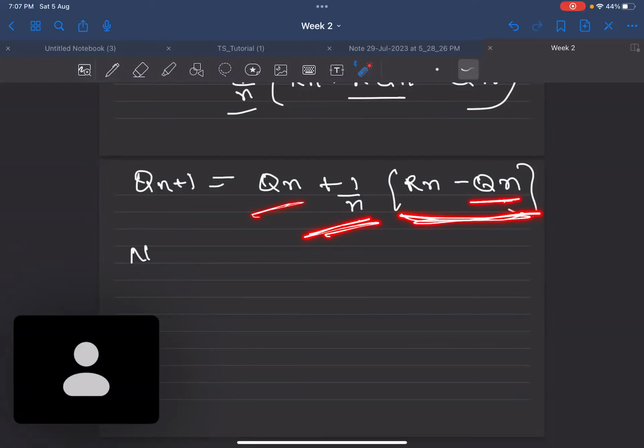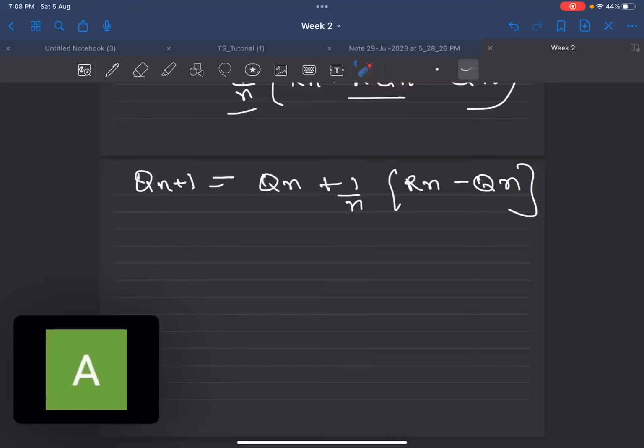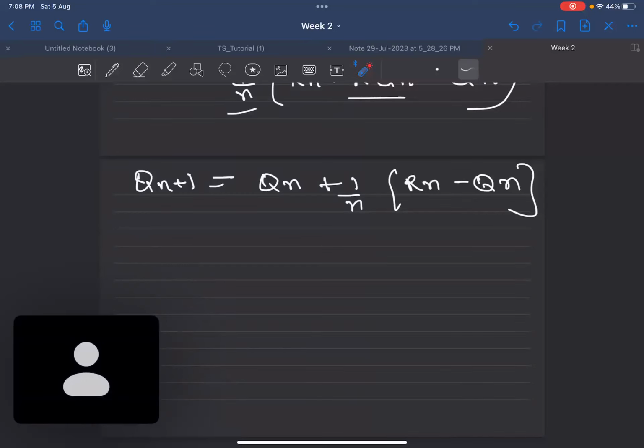But here it is the old estimate; it should be the target. Okay, let's proceed further. It will be Rn plus 1, because I'm taking the reward received at n plus 1 time. You're correct. Rn plus 1 minus Qn.